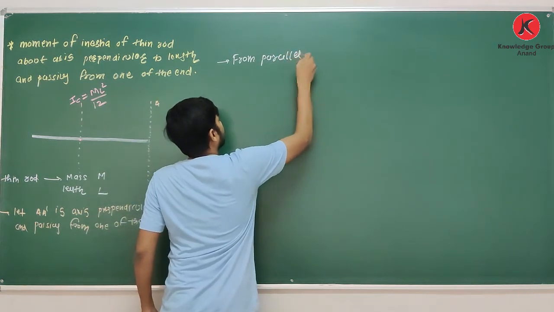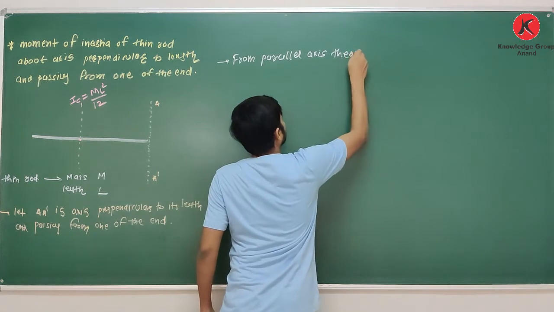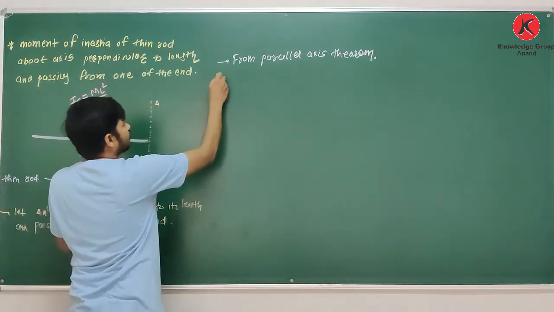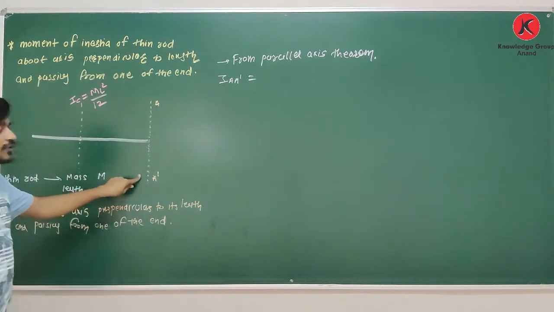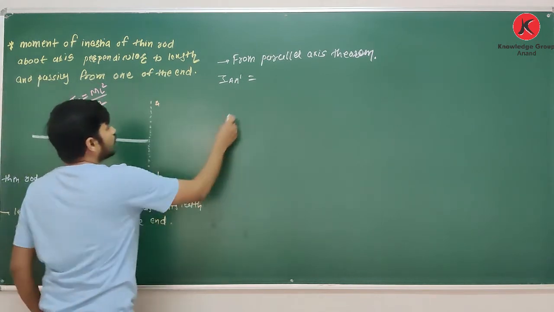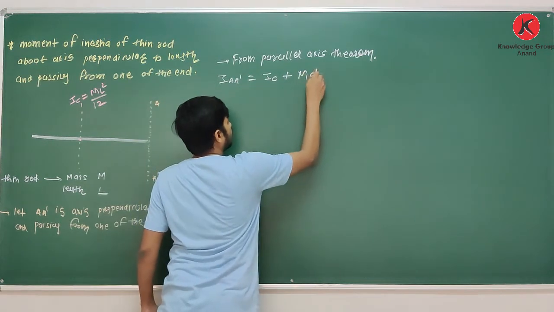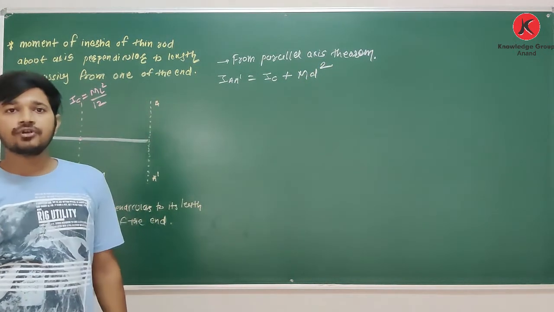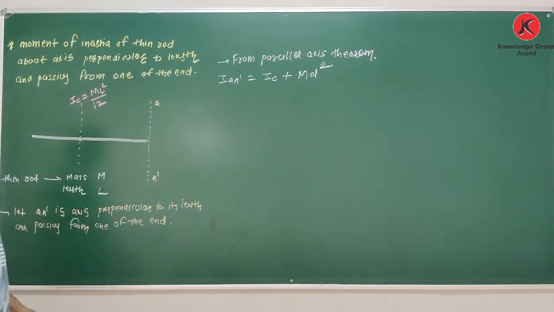From the parallel axis theorem, IA dash, the moment of inertia about an axis perpendicular to length and passing through one of the ends, is equal to IC plus md square. Remember the equation of the parallel axis theorem: I is equal to IC plus md square.